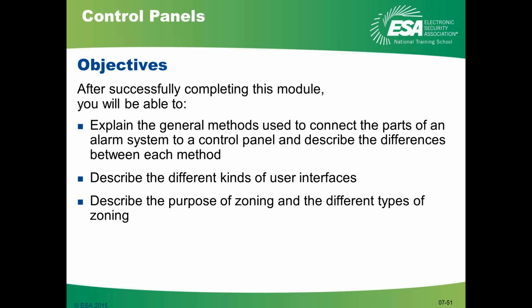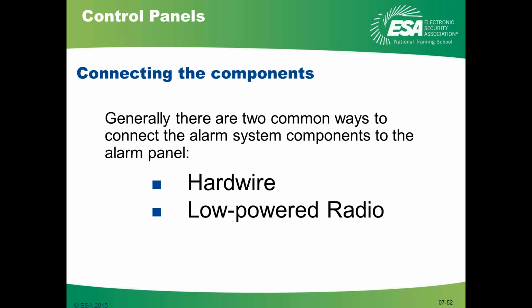On the control panels, we're still talking about the general methods to connect. Describe various kinds of user interfaces. We've gotten away from using the term keypad, and we're trying to talk about user interfaces to our systems now. And here we say hardwire.